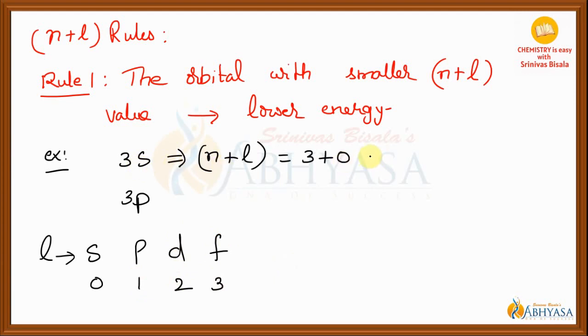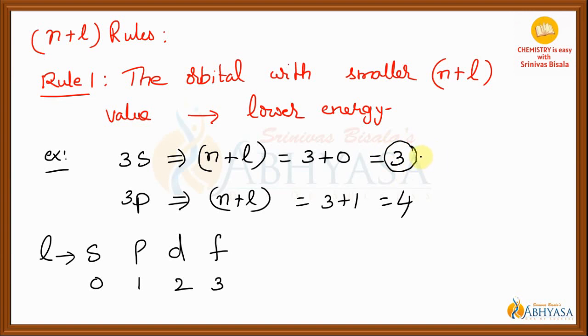So for the 3s orbital, n plus L value is 3. Then for the 3p orbital, n plus L becomes 3 plus 1, which is 4, isn't it? So for the 3s orbital the n plus L value is smaller, and that is the reason why the energy of the 3s orbital is less than the energy of the 3p orbital.